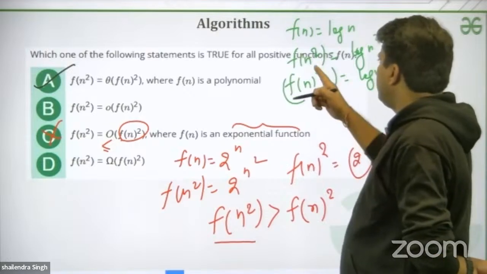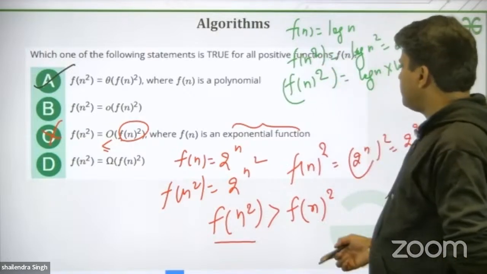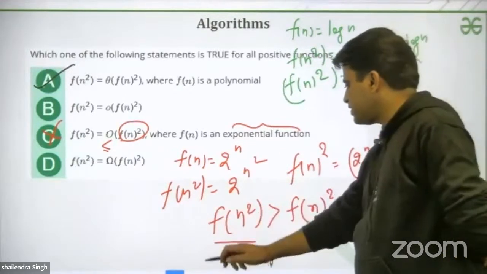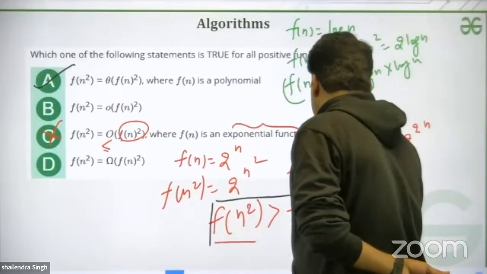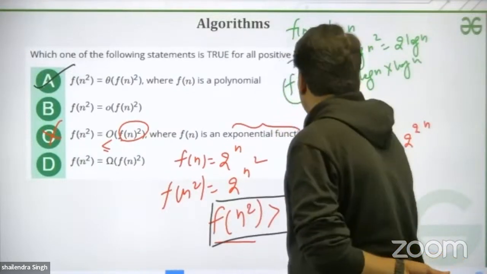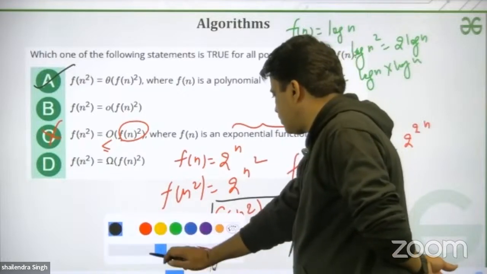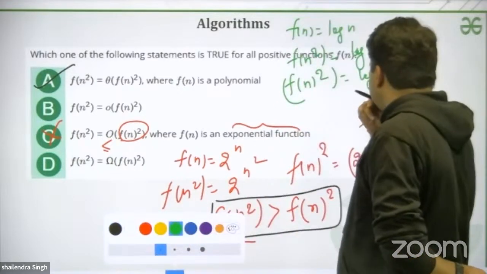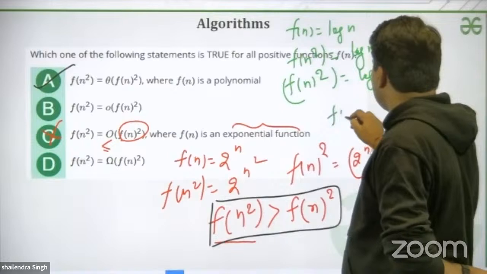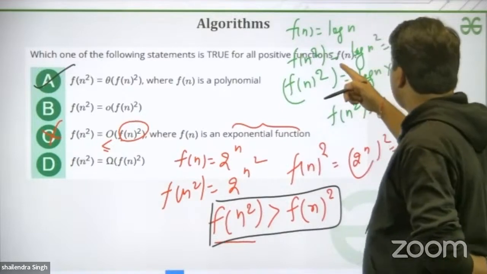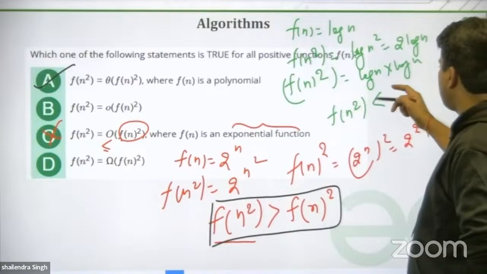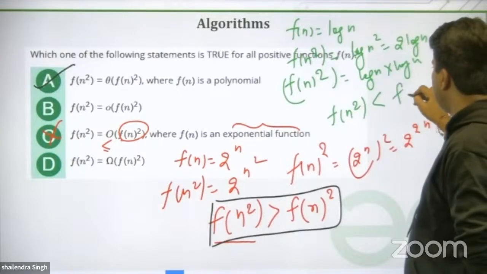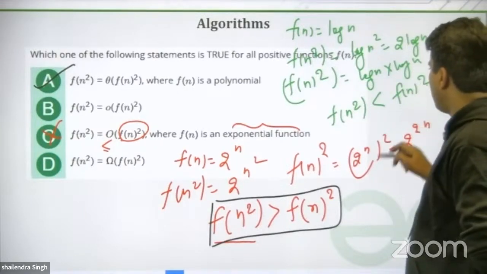So if the function is exponential, in that case this is an upper bound, but if the function is logarithmic, then f(n²) is less than (f(n))².